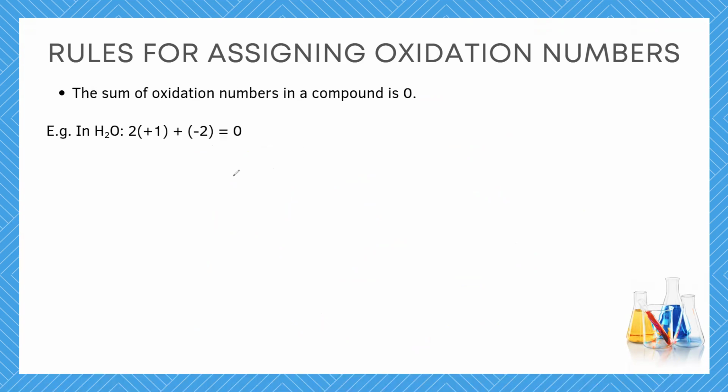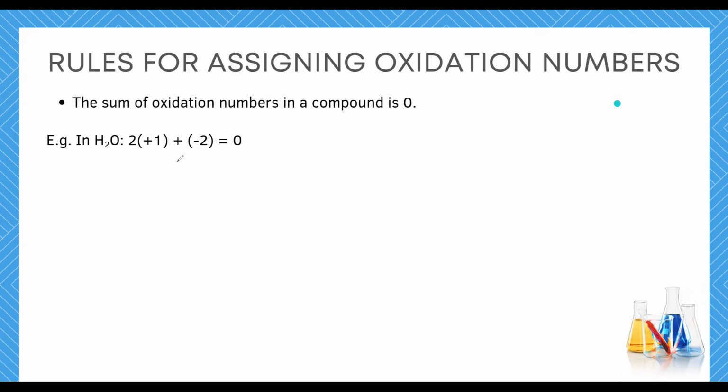We've seen this rule that says the sum of oxidation numbers in a compound is 0. Now look at this. For example, you have H2O. We want to see if this rule is true. Now remember, we said that hydrogen is usually +1 in compounds and oxygen is usually -2 in compounds. So now let's go ahead and add all of them together.